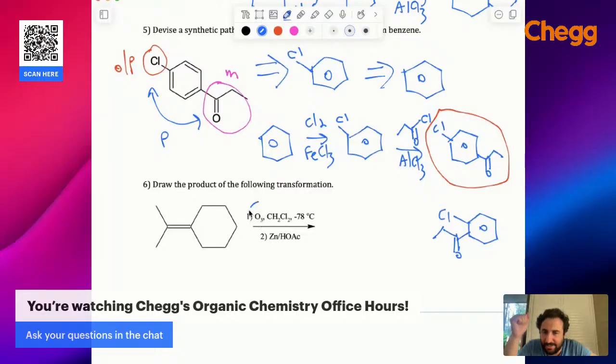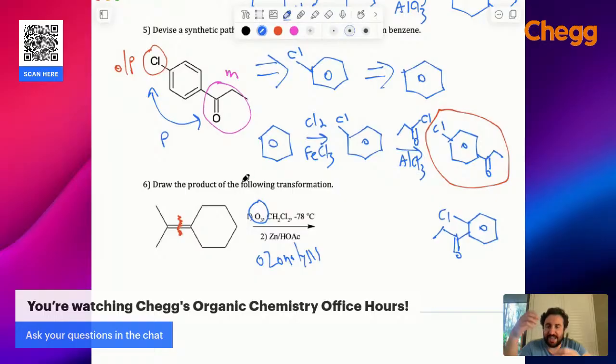We look at this, we see ozone. If you're studying organic chemistry, and you see ozone, we know we're doing ozonolysis. So what do we do when we do ozonolysis? Ozonolysis cleaves pi bonds, carbon-carbon double bonds, and the carbons that were participating in the double bond are now carbonyls.